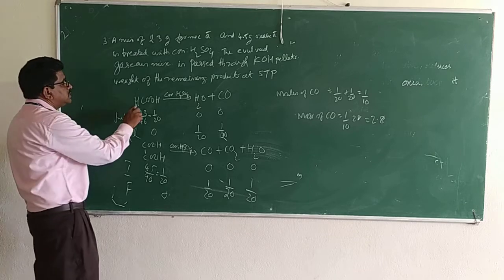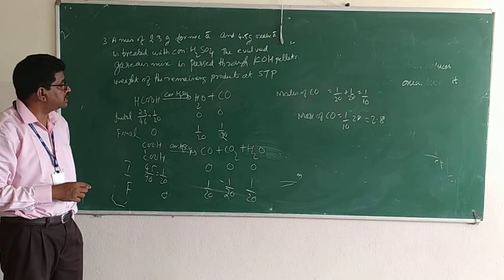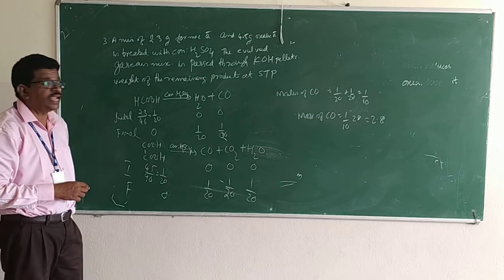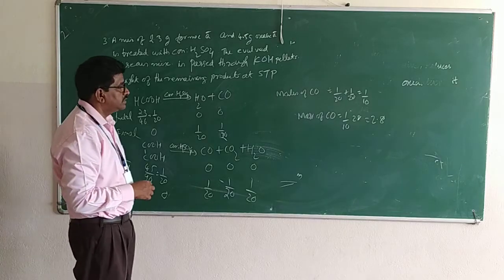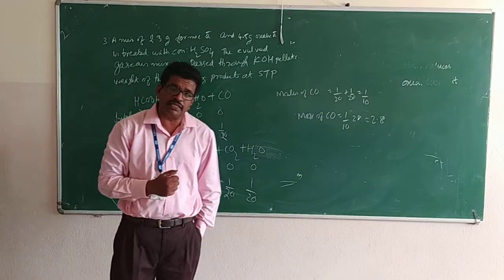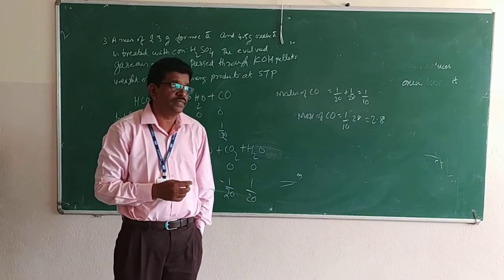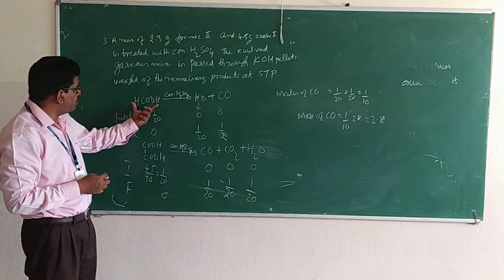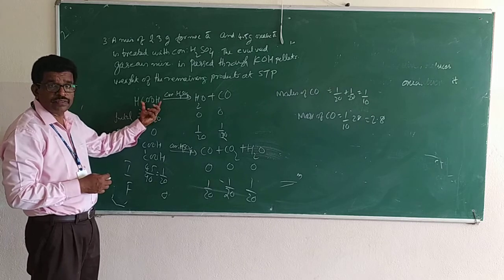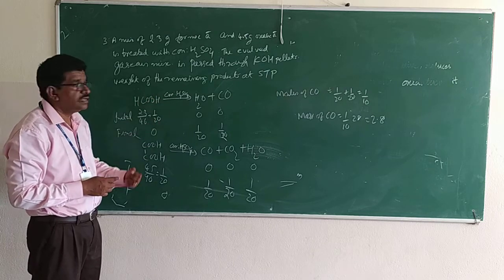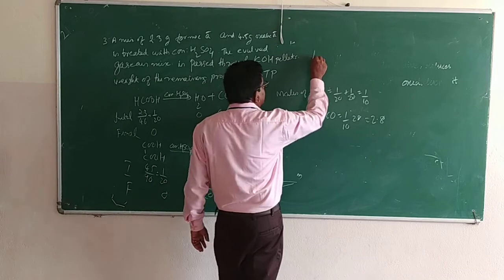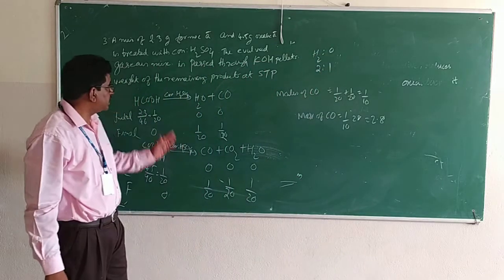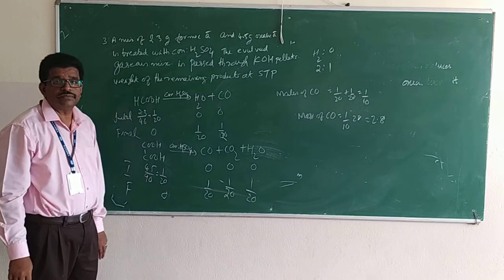Formic acid we know is HCOOH. And concentrated sulfuric acid is a dehydrating agent. Sulfuric acid can act as drying agent as well as dehydrating agent. Dehydrating agent means there is no need of water present as such, but it will take hydrogen and oxygen in the ratio 2:1, if they are present like that, from the compound.